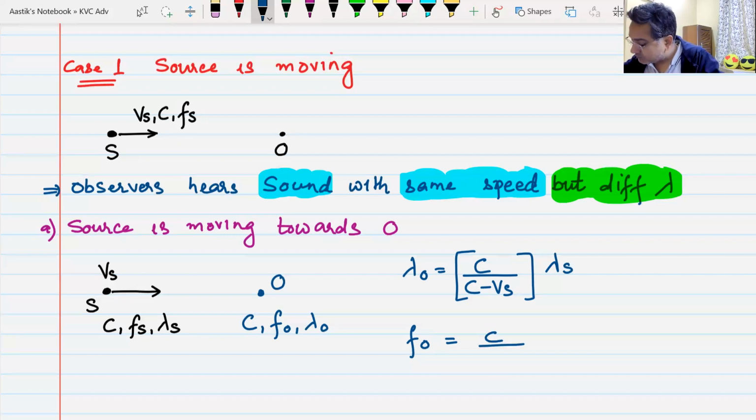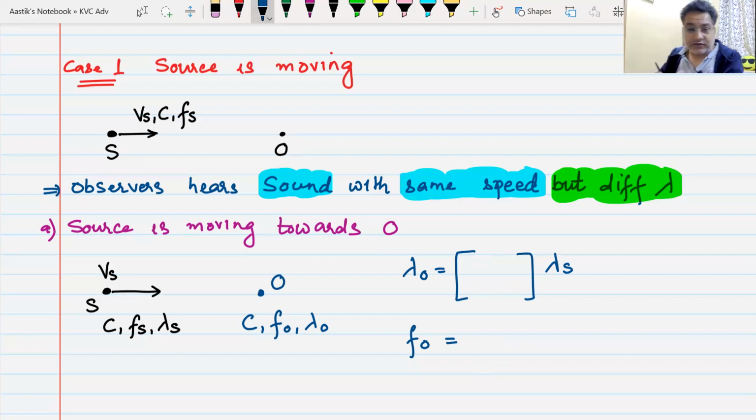C upon C. Oh, I'm writing it reverse. I've written lambda in the reverse sense. That is why I'm getting confused. Lambda should have been C minus Vs. That is what has got me confused so much.